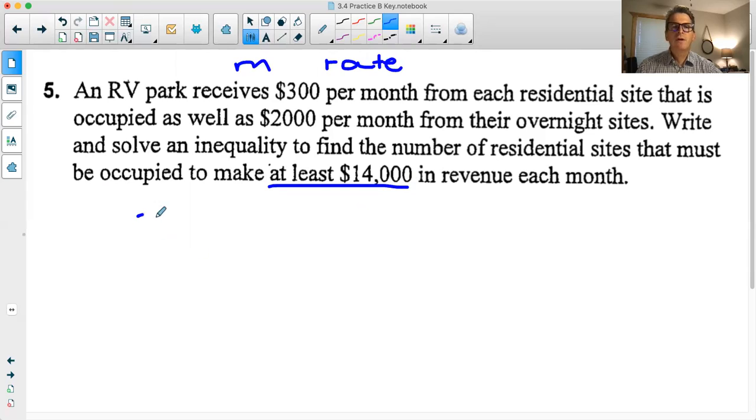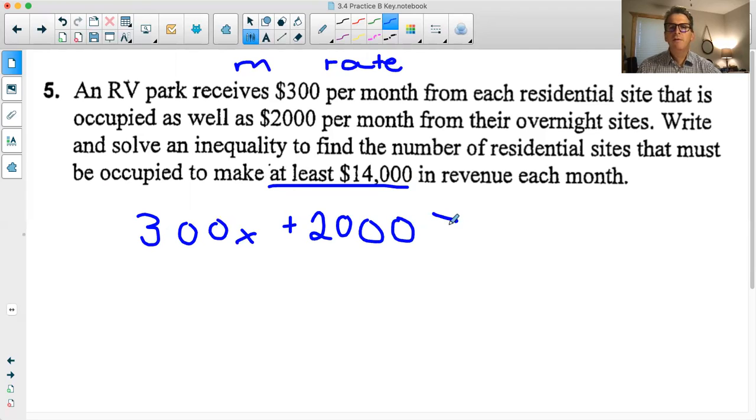So they're going to take $300 a month times the number of units, I'll call it X. And then we're going to add the 2,000 because that's the folks that are just stopping off for overnight stays.